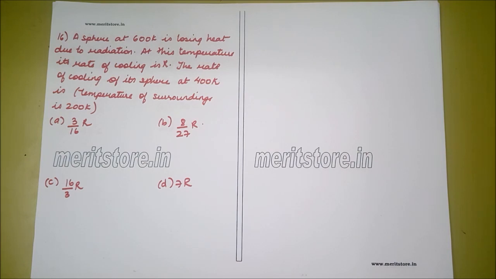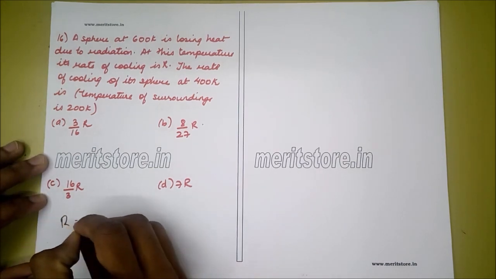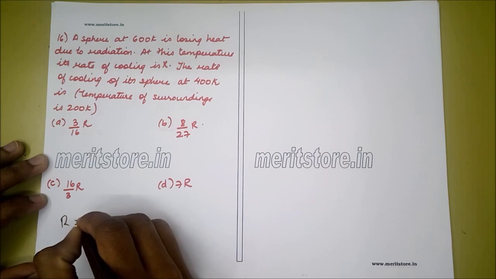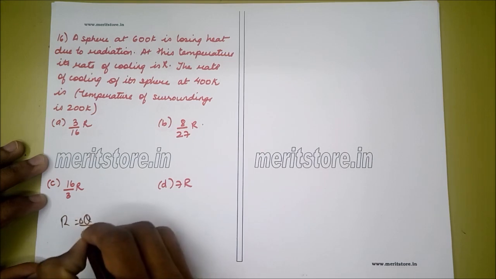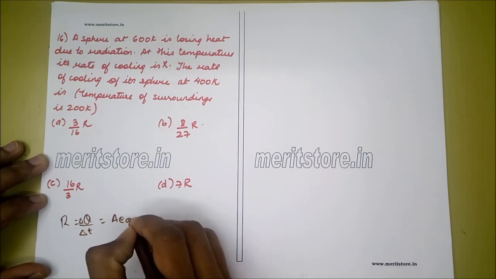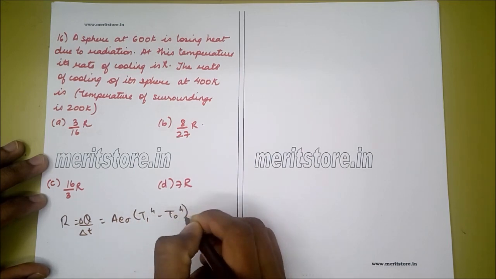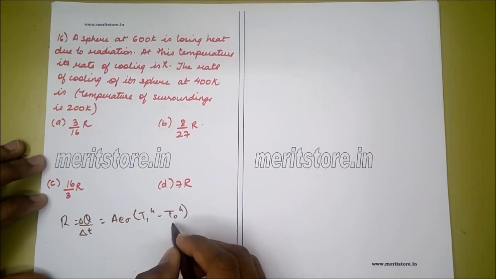The options given are 3 by 16 R, 8 by 27 R, 16 by 3 R, and 7 R. So the rate of cooling R, that is nothing but delta Q upon delta T, can be given by Stefan-Boltzmann's law, that is A E sigma into T1 raised to 4 minus T0 raised to 4, where T1 is the temperature of the body and T0 is the temperature of the surrounding.